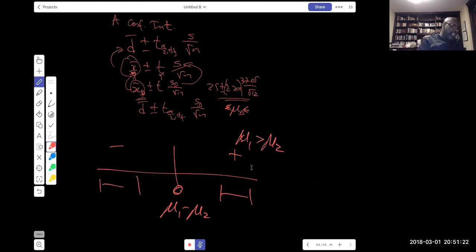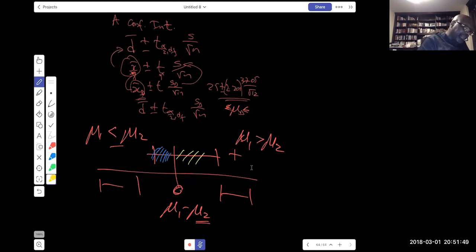That means the 0 is not in the interval. If both of them are negative, it means that mu2 must be the larger one, right? So mu1 is less than mu2. But what happens when we have an interval that goes across the 0? This part of it, on the negative side, is mu1 is less than mu2. But there's a part of it that is on the positive side, which means mu1 could be greater than mu2.